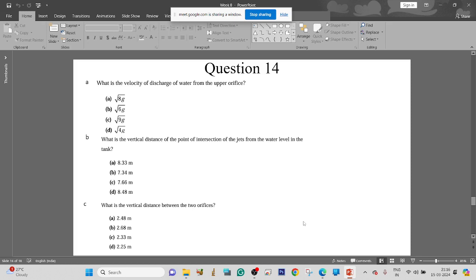So how to approach this question? First of all, let's suppose u1 be the velocity of discharge from the upper orifice, and T be the time taken for the water to reach the point P from the upper orifice.